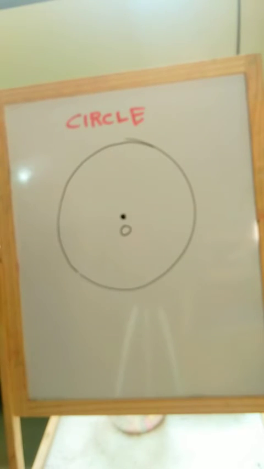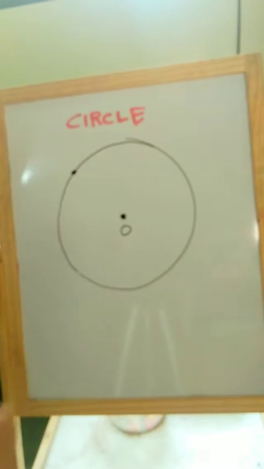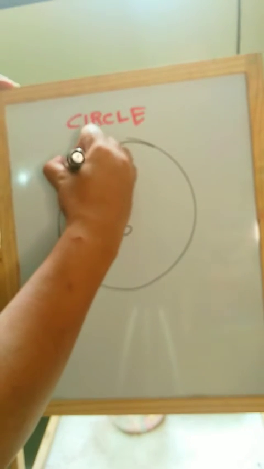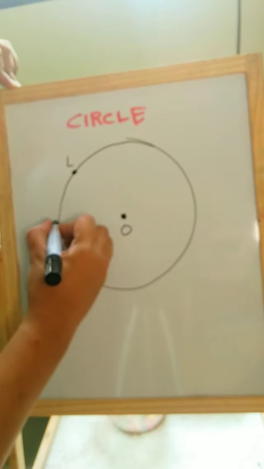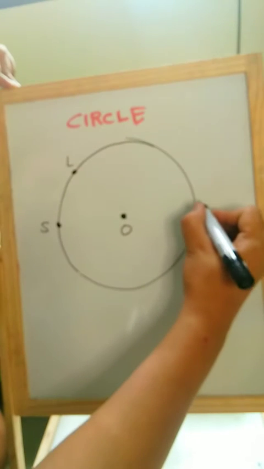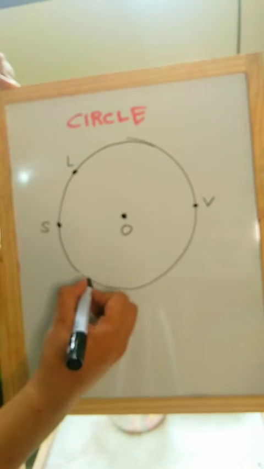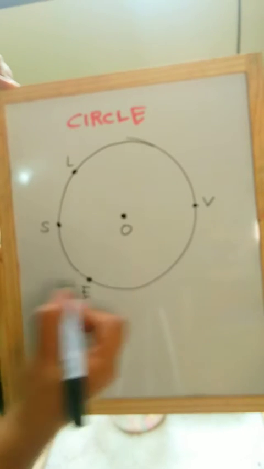Now, the points, pangalan na lang natin dito ha. Let's have this as point L, this as point S, let's say ito na lang si V, point B, at saka ito si point E.